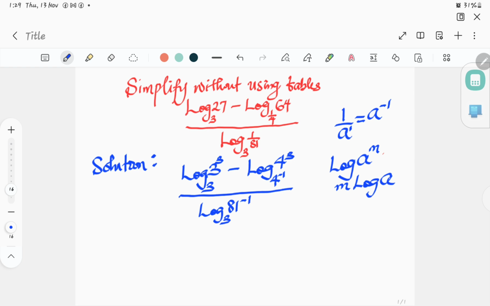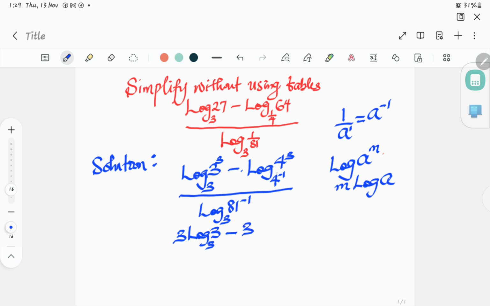So using that context here, this is the same as 3 log 3 base 3 minus, now this 3 that is here is also going to come, that's 3.